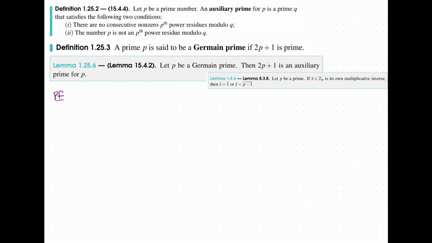So we want to prove that 2P plus 1 is an auxiliary prime for P. What we are going to do is start off with the following claim.